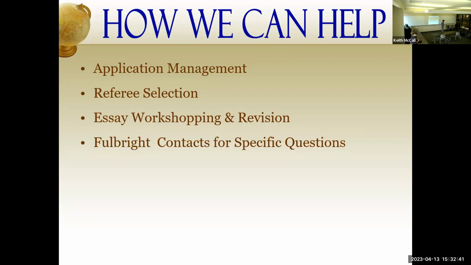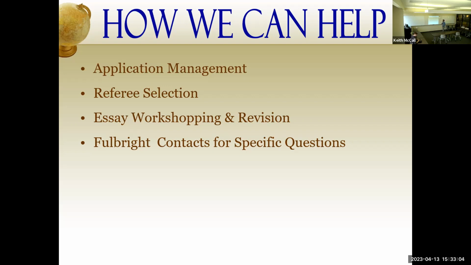It's also perfectly fine, when you're selecting your recommenders, to tell them why you have selected them and what you hope they address in their recommendation. So it's always good to give your recommender some direction, but we can help you come up with not just who you're going to ask, but also how you should ask that person and how you should communicate with that recommender so that you get the best recommendation from them that you can.